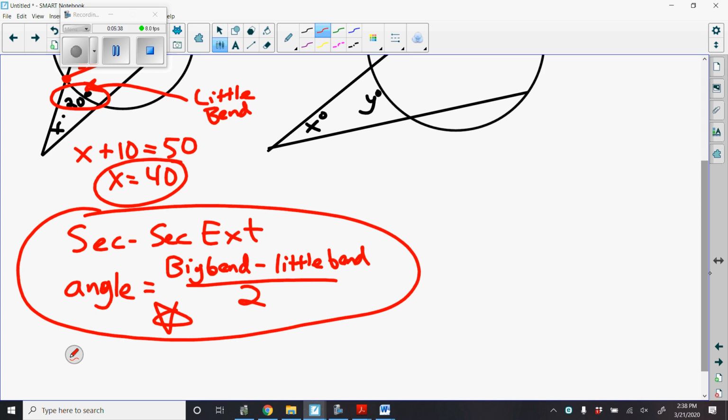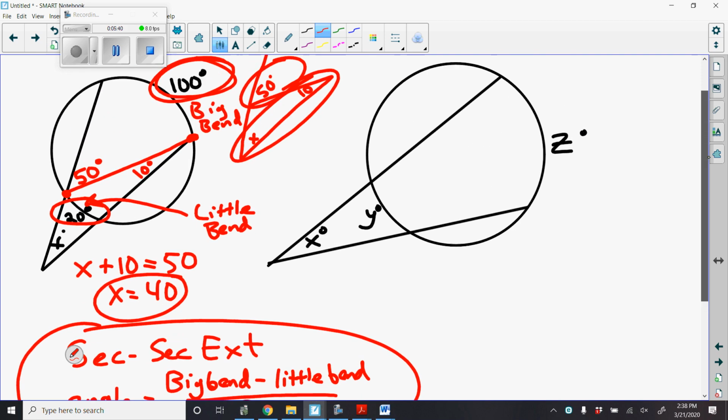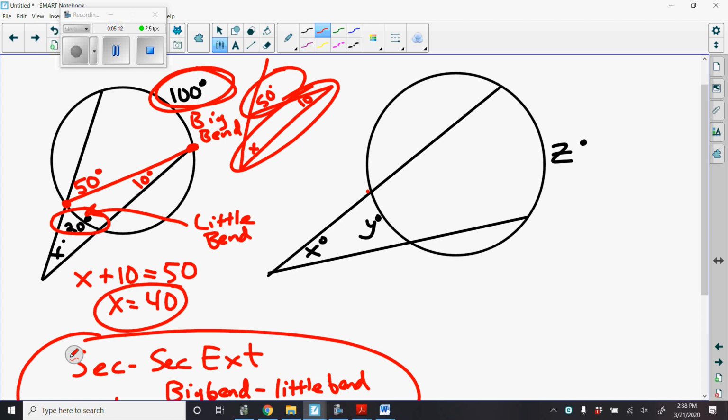Let's just prove it to make sure it works in all cases. And again, connecting these two, I get this angle to be z over 2. I get this angle to be y over 2, right? Because that's how inscribed angles work. This inscribed angle is half of y. This inscribed angle is half of z.